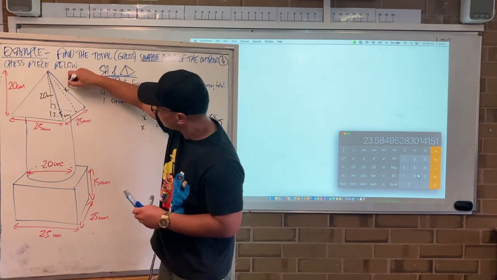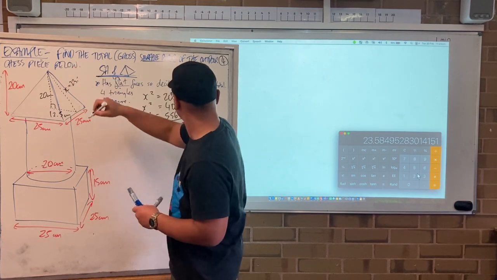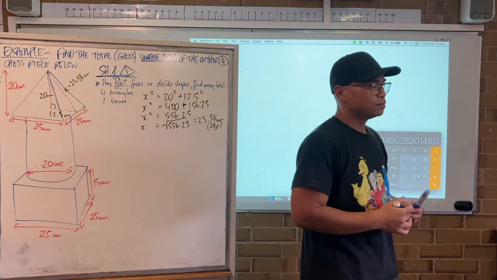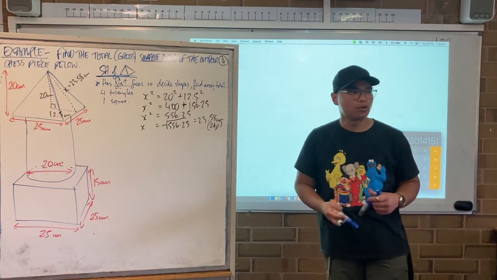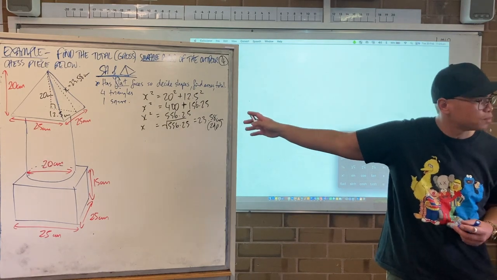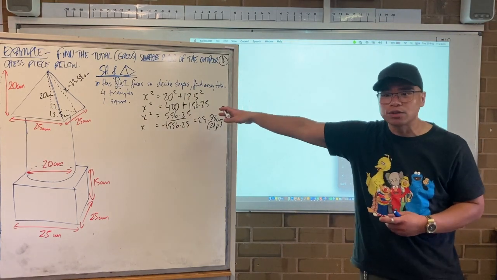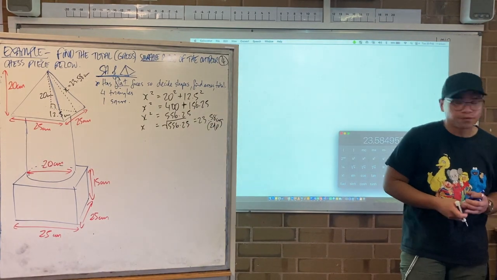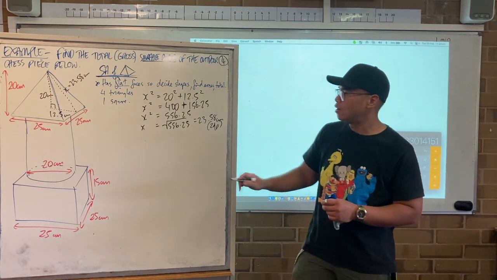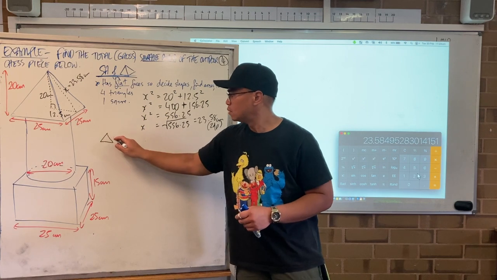So I know that this is 23.58 centimeters. Okay? So I might have stressed you out before about saying pyramid is going to make your chess piece difficult. It's a couple of steps, but you should be able to chuck your measurements in there to find that. Okay? So now, area of triangle.